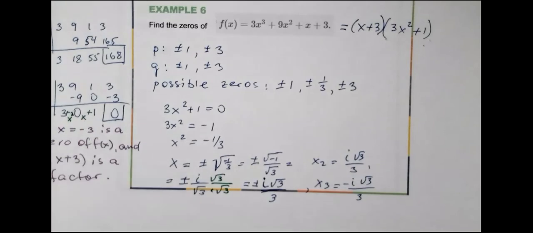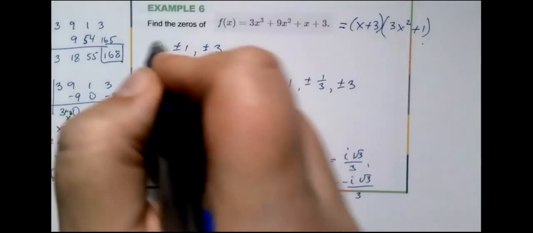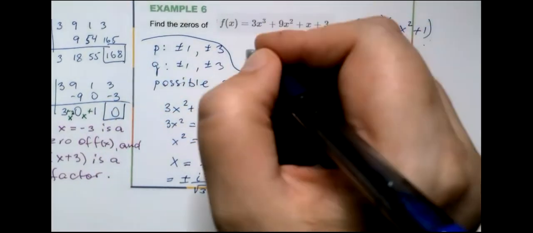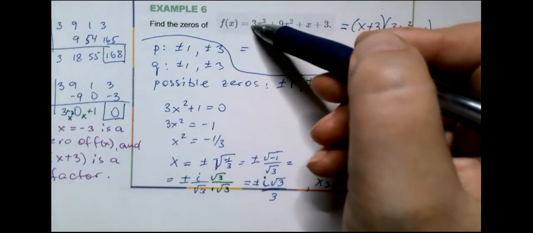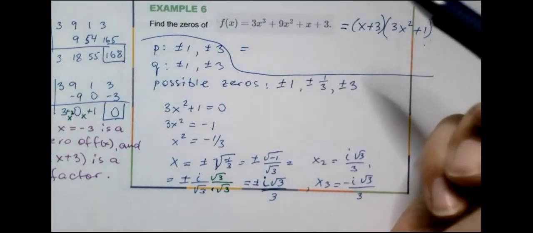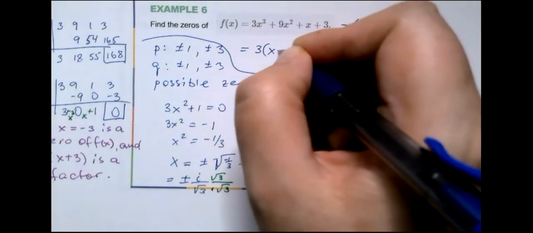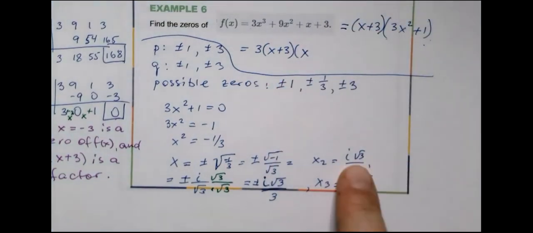What would it look like? Okay, so I'm going to write it here. So it looks like this. First of all, a is 3. That's our leading coefficient. Okay, and then we have x plus 3, and then we have x minus i square root of 3 over 3.